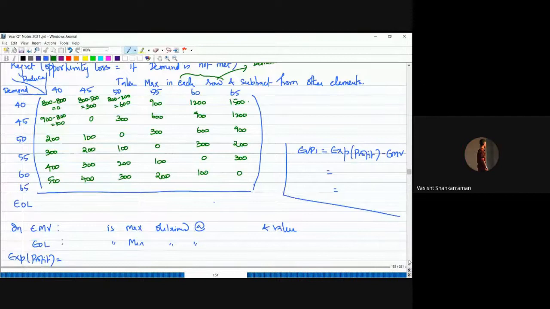Sir, that 55, 65 row, it is 300 and 600, sir. 55, 65 row. 55 row, 65 column. This will be 300. 600, sir. 600.